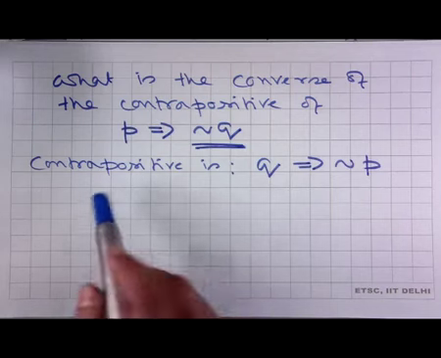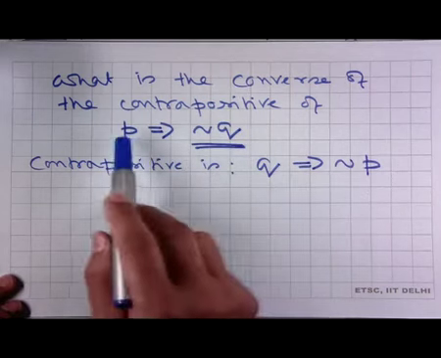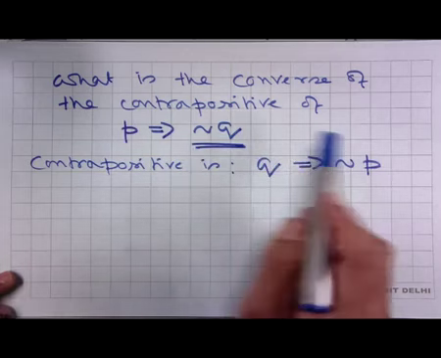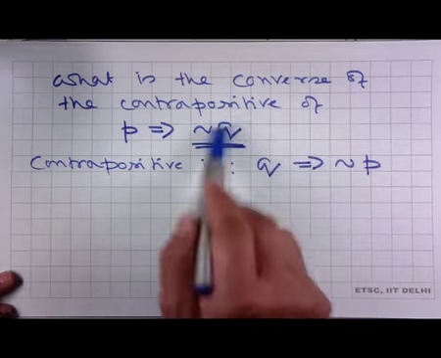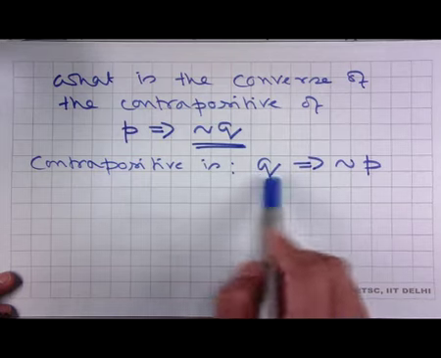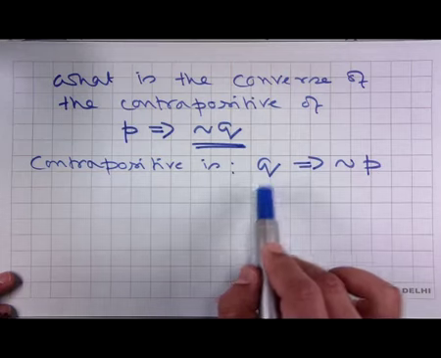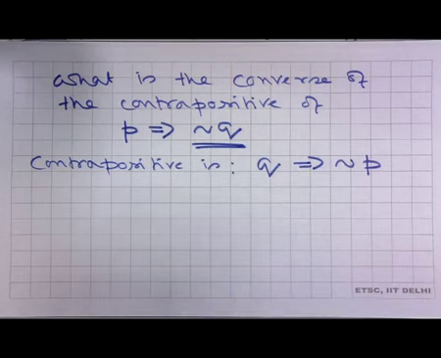Q implies not P, because if P implies Q, its contrapositive was not Q implies not P. Here not Q and having another not here. So, negation of Q is giving us Q. Therefore, Q implies not P.